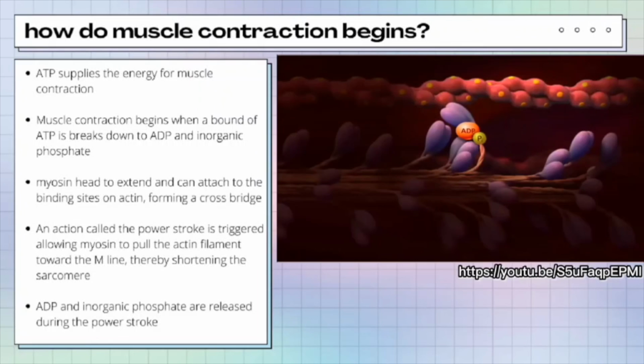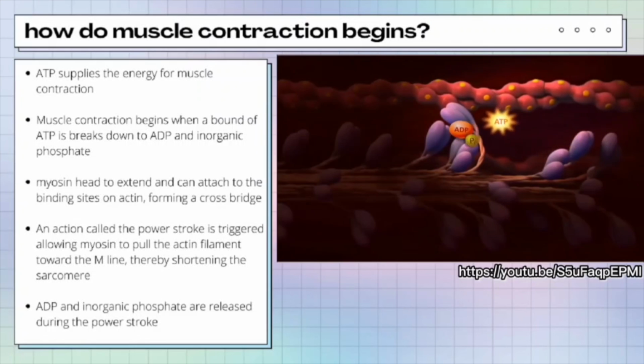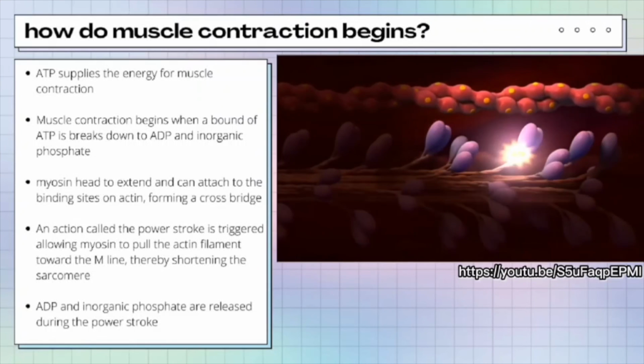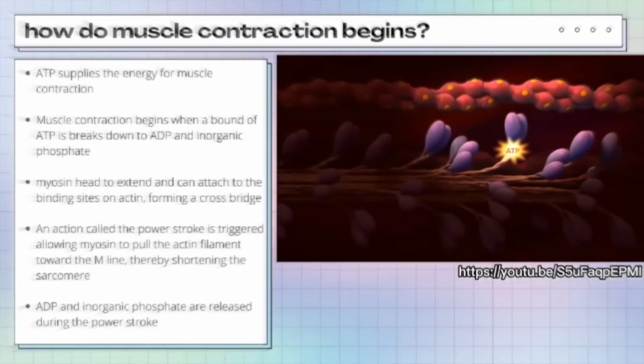ADP and inorganic phosphate are released during the power stroke. The myosin remains attached to actin until a new molecule of ATP binds, freeing the myosin to either go through another cycle of binding and more contraction, or remain unattached to allow the muscle to relax.